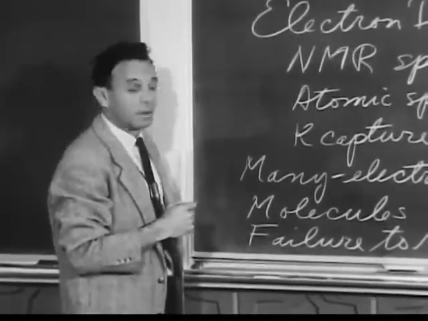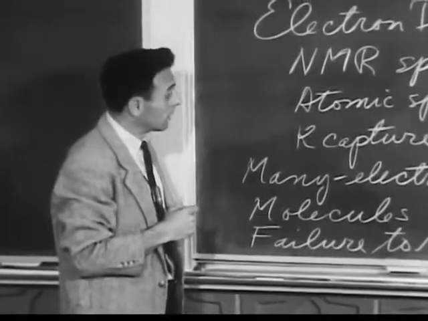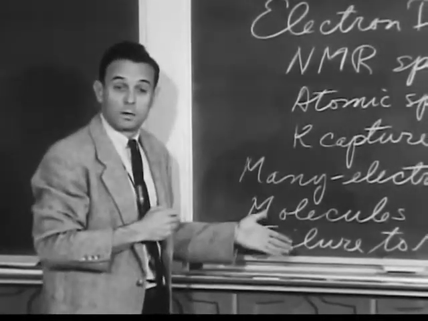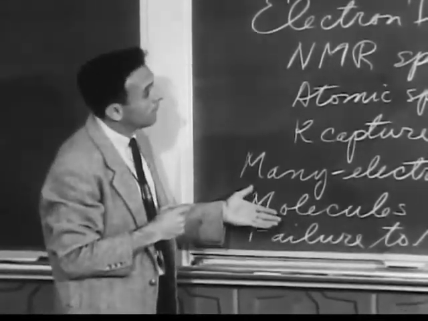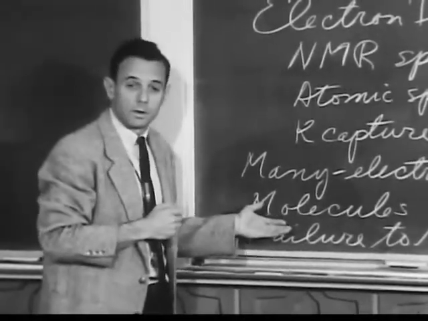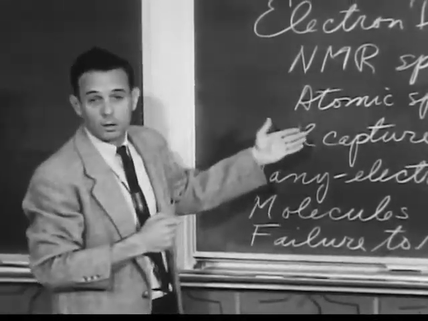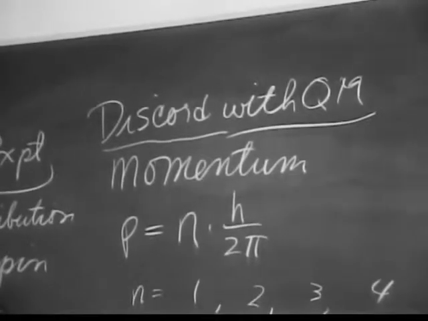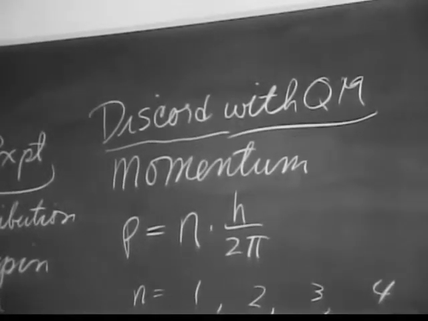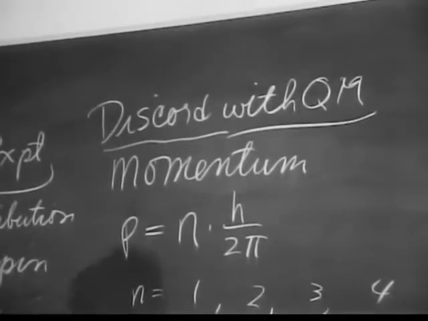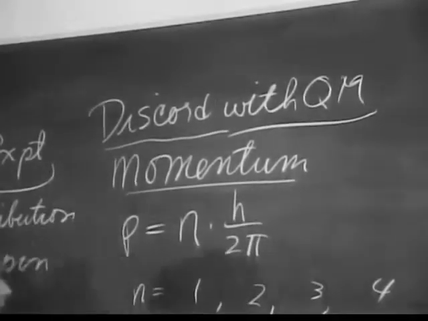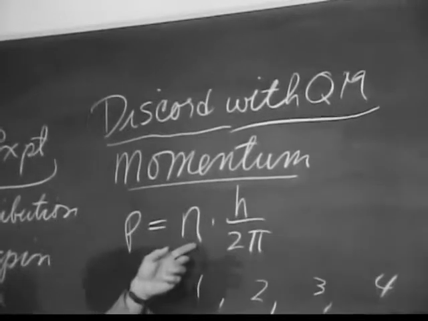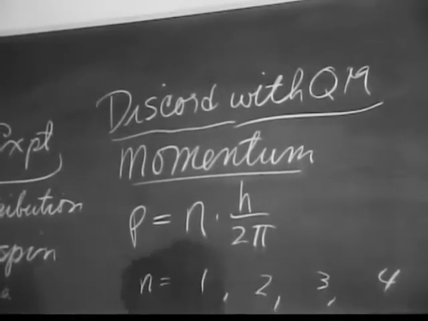But since quantum mechanics is successful in explaining these areas of failure of the planetary model, it becomes interesting to us that the planetary model is in fundamental discord with quantum mechanics. The particular one I want to mention is in regard to momentum, because momentum and its quantization represents the cornerstone of the planetary model.